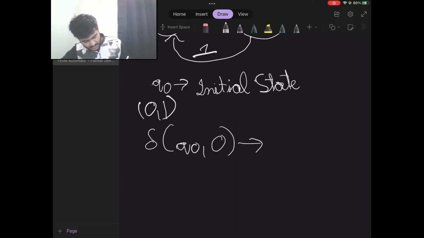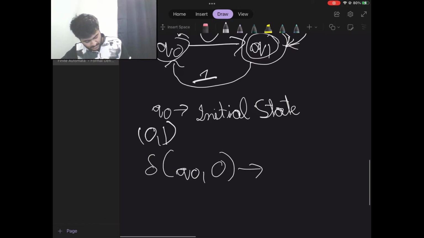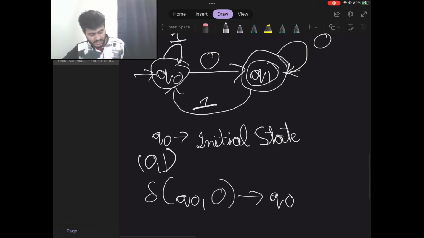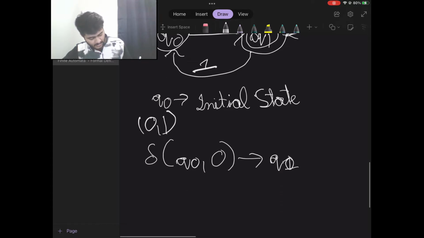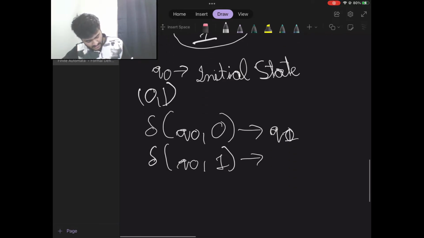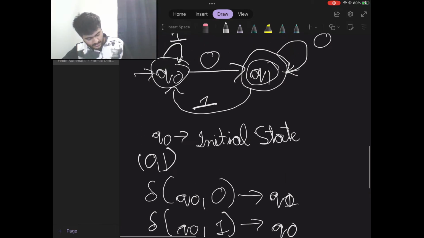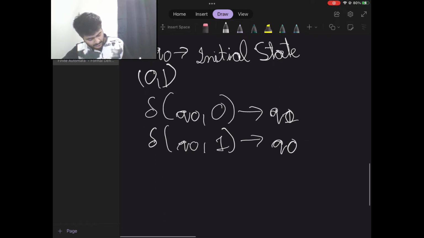If we take the transition function of Q naught for 0, it will lead us to Q1. And if we take the transition function of Q naught for 1, it will lead us back to Q naught. So here 0 is defined as well as 1.